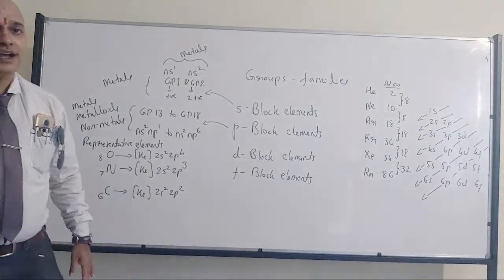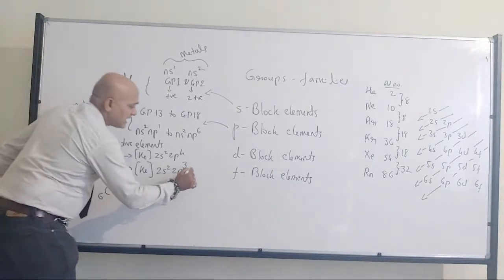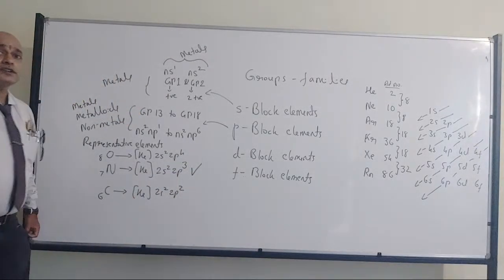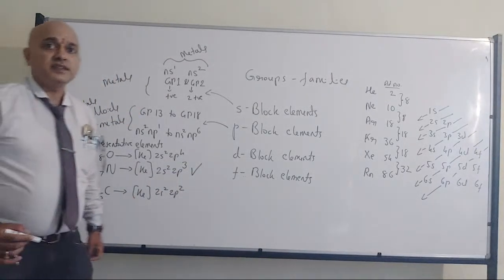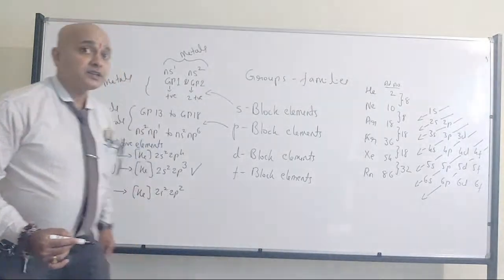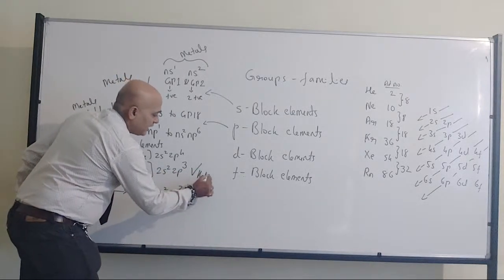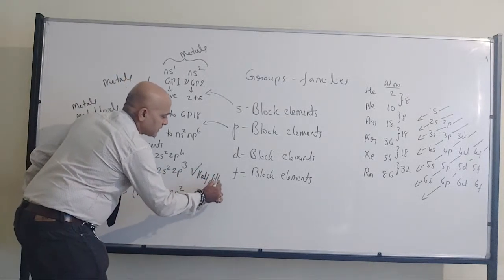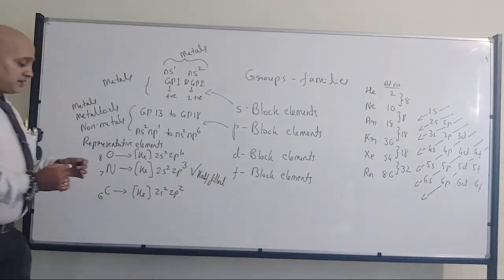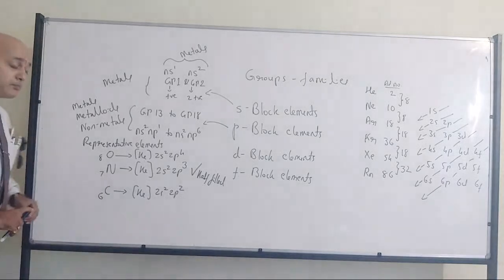I can say that nitrogen has a slightly stable electronic configuration. Why? Because it has a half-filled p subshell.